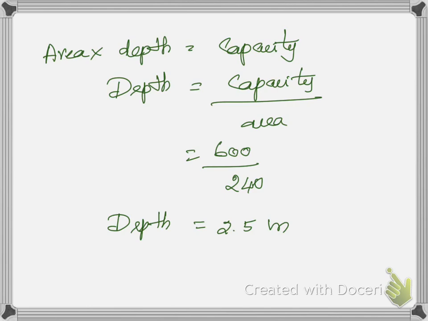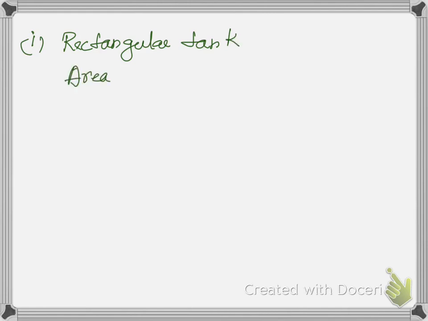Now we have to design separately for the rectangular tank as well as the circular tank. First we'll move on to the rectangular tank. Rectangular tank means you will have length and breadth. Here area is length into breadth, which we have determined already as 240. The next assumption we are going to make is L equal to 4B, so length will be 4 times the breadth.